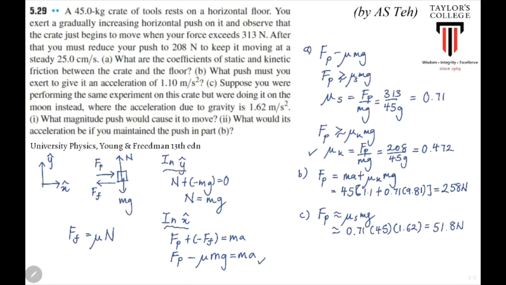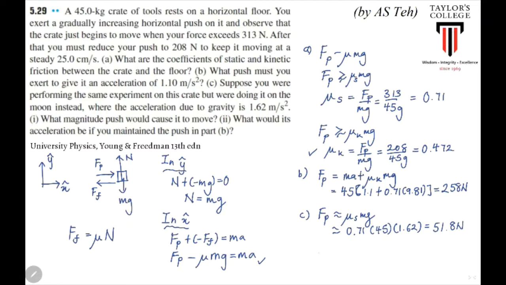Okay, and then let's look at the second part. What would its acceleration be if you maintain the push in part B? Basically it's saying that we use the force of 258 newtons to push it, and we want the acceleration value. We can rearrange the formula that we see here in x.